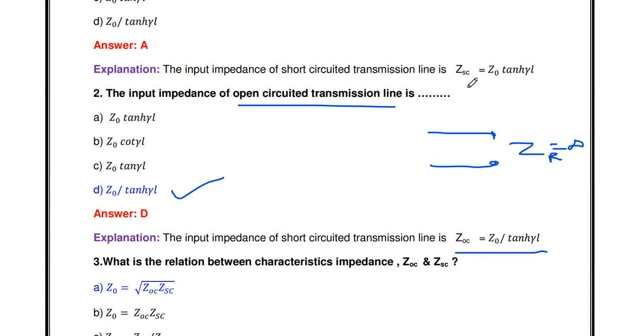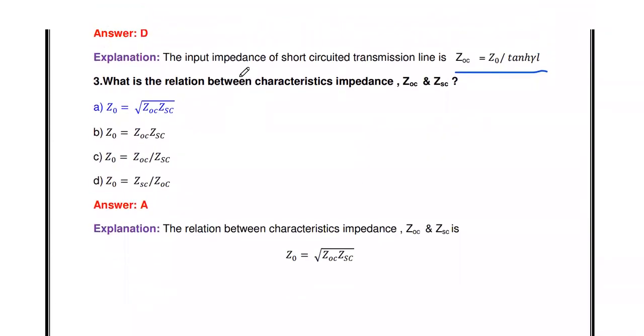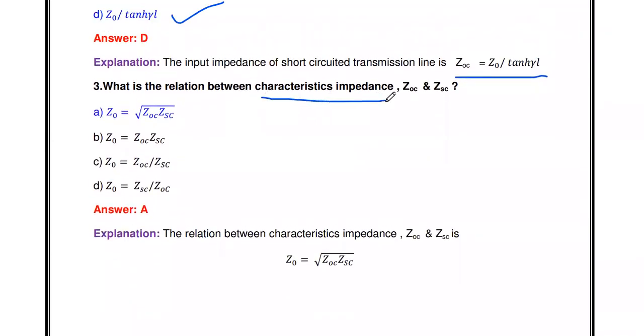So these are all the important questions. The short circuited impedance is Z naught tanh ηL, and the open circuited impedance is Z naught by tanh ηL, where Z naught is the characteristic impedance and η is the propagation constant. Then the next one: what is the relation between the characteristic impedance, ZOC and ZSC?